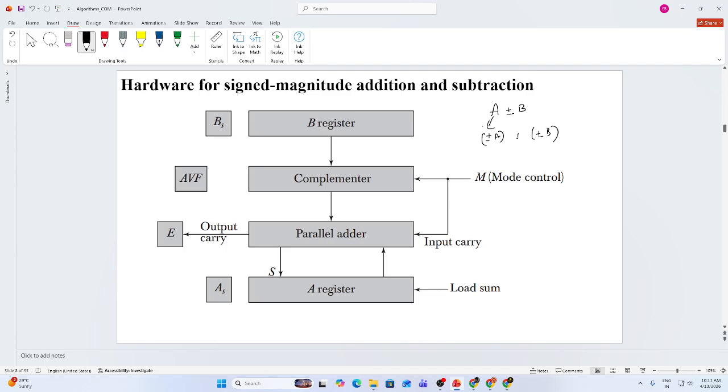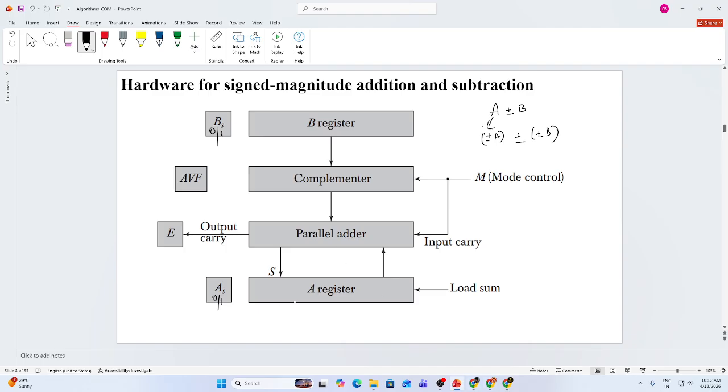First of all, the sign of a: if a is positive, I store the sign as 0; if the sign of a is negative, I store it as 1. Similarly, if the sign of b is positive, I store the sign of b as 0; if negative, I store it as 1.